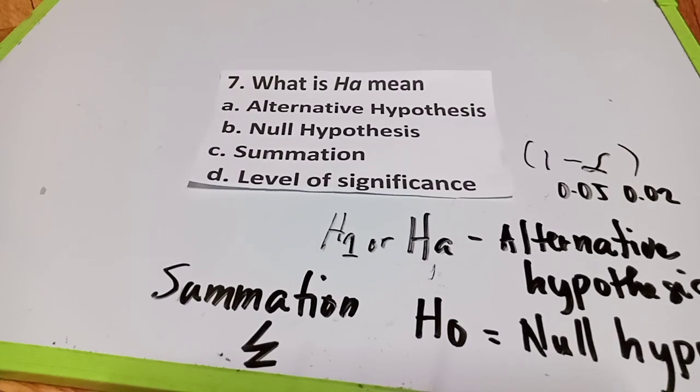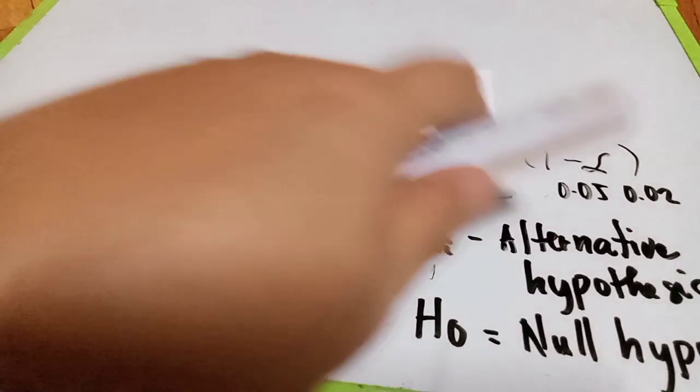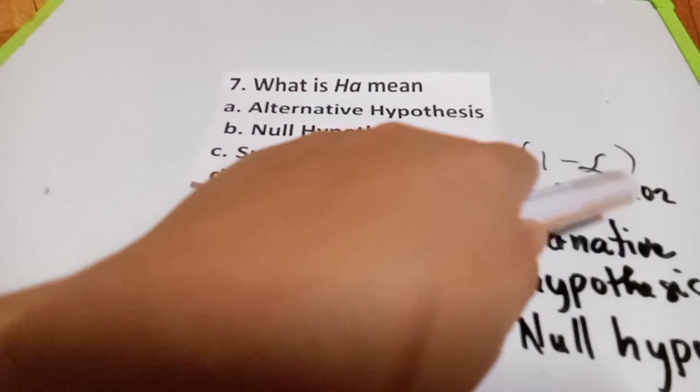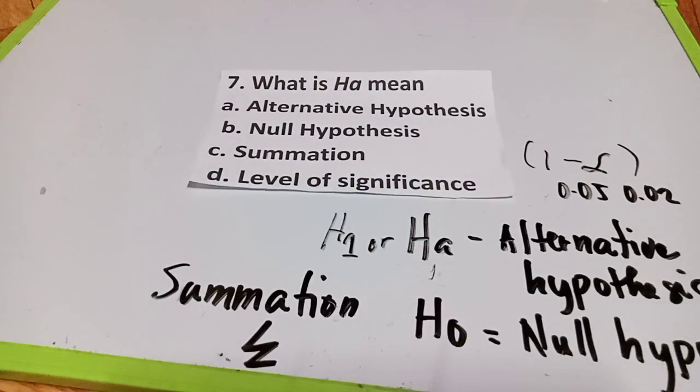So what is 1 in level of significance? 1 means 100%. If we subtract 100 minus 0.05, the answer is 95%, right? And if we subtract 1 minus 0.02, the answer is 98%. So 95% is the level of confidence, while level of significance is 1 minus the alpha.